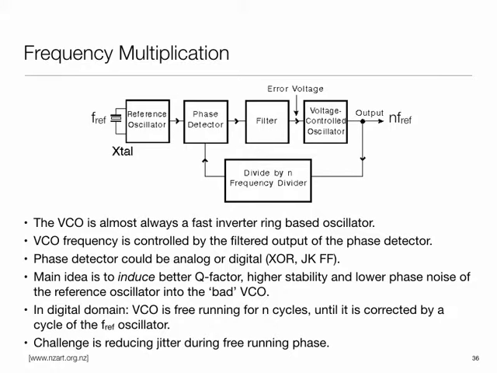I have a reference oscillator, okay, and my goal is to generate n times that reference oscillator. By reference oscillator, I mean that's my stable clock source. I buy a 10 megahertz crystal or whatever. But I need some n times that.